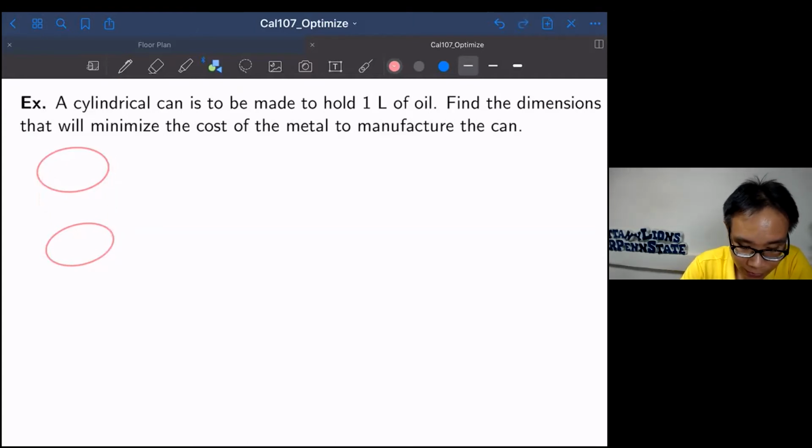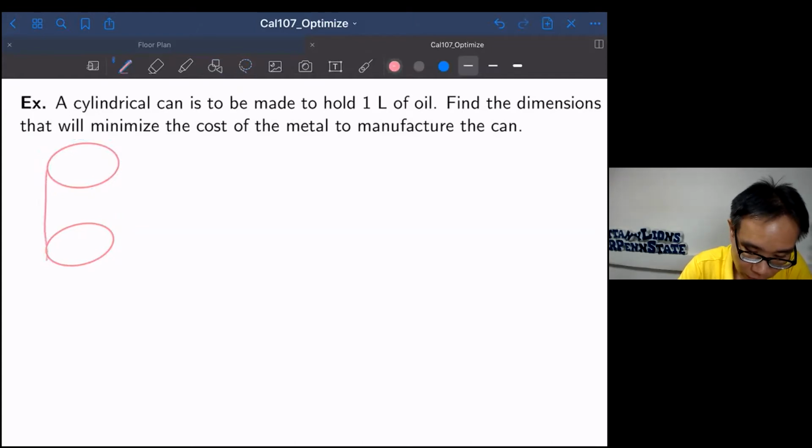I try to draw this one in a straight line, and it's not going to happen, I believe. Okay, that's good enough.